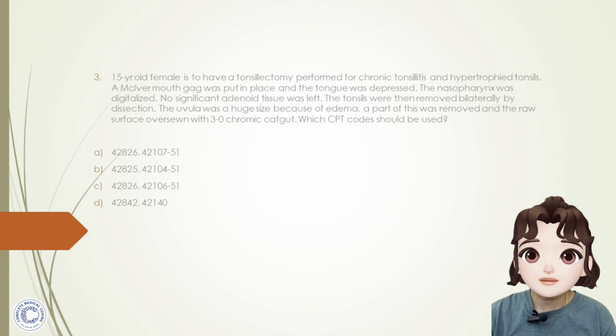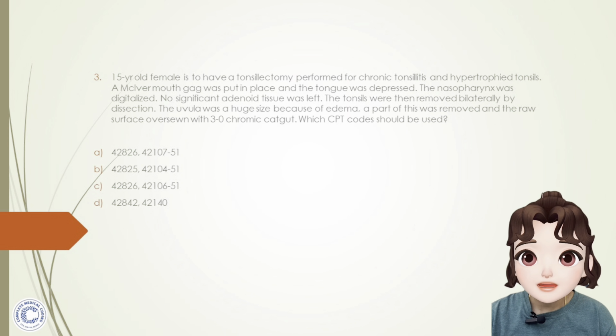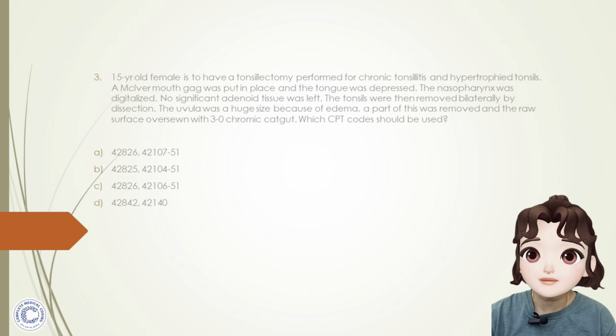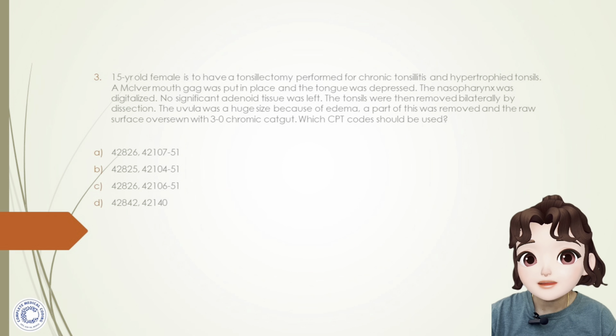The options are: 42826, 42107 with modifier 51; 42825, 42104 with modifier 51; 42826, 42106 with modifier 51; 42842, 42140. So what procedure is being done here? Tonsillectomy, removal of tonsils, because the patient was having chronic tonsillitis.